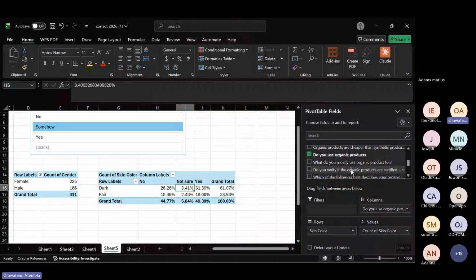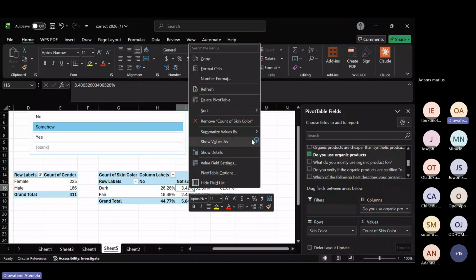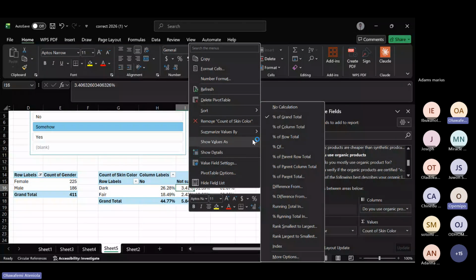So you are beginning to see how many dark skin is saying yes or no, right? Yes. Good. So you can now convert it into percentage by right-clicking on any of the values, and then you tell it to show values as percentage of grand total. Okay, they've all converted to percentages now.